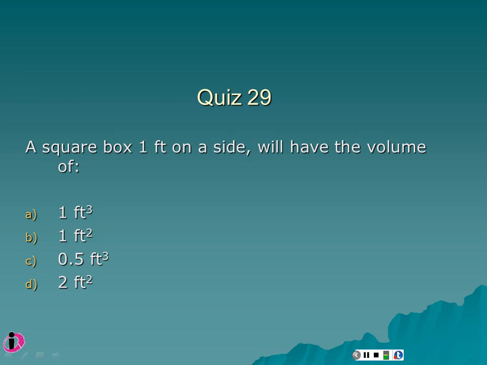If one surface is a square, that means it's a cube. So when you have a cube, what do you do? You multiply. There are 3 sides. Now each of the sides is 1 foot. So you multiply 1 foot times 1 foot times 1 foot. You get 1 foot cubed. So the right answer is A, 1 foot cubed.